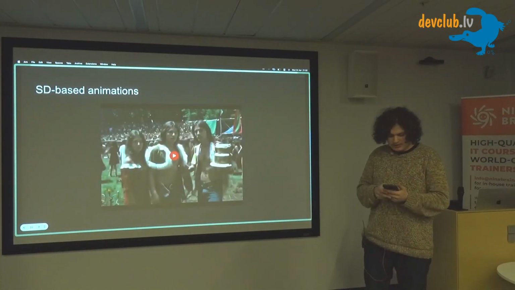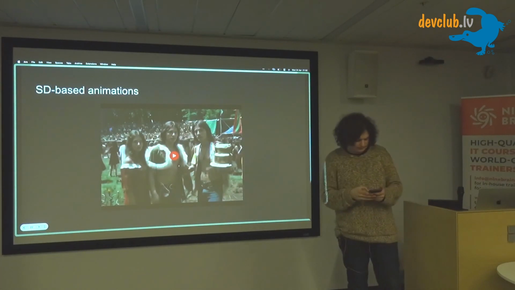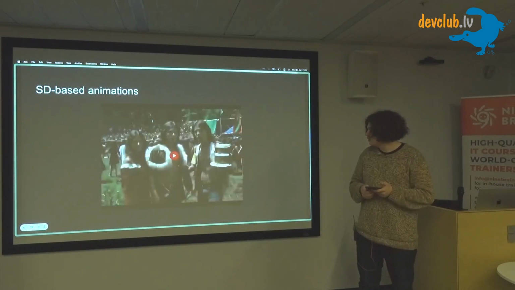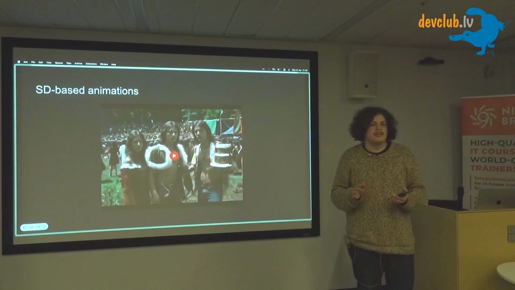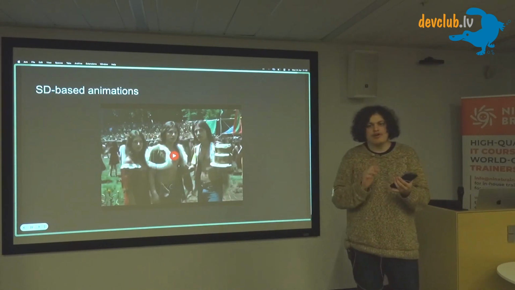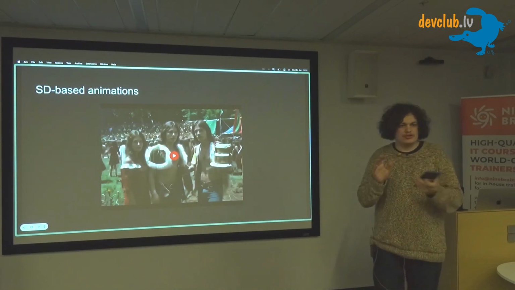The next one I would say is the stable diffusion based animations. As you can see, it has some advantages. Because it's based on stable diffusion, you can have all the guidance and all the other stuff that stable diffusion gives you.